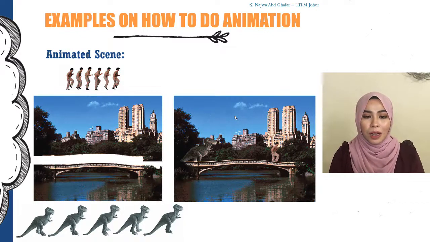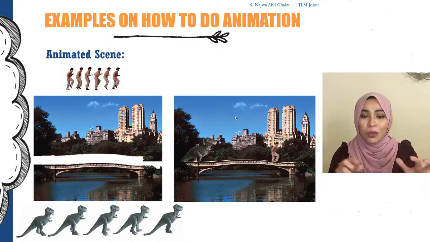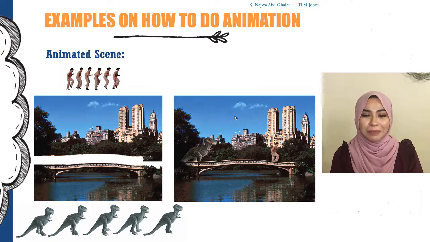Again, each object will also have its own movement. The man will be running, whereas the T-Rex or the dinosaur will be walking along the bridge. You will notice that the bridge looks as if it has been cut out. Why is that?